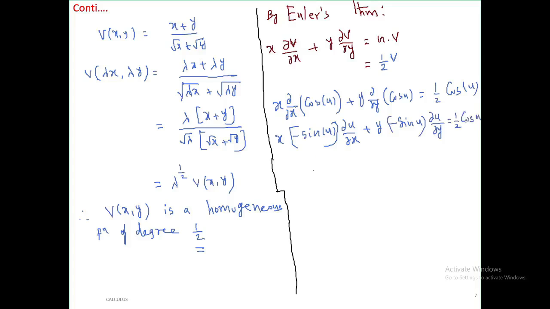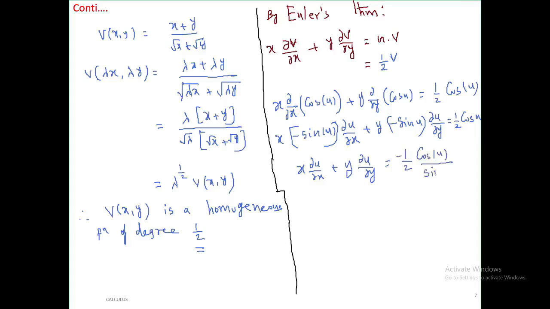Now let us take minus sin u common. Then what will we get? X into dou u by dou x plus y into dou u by dou y. After taking minus sin u common, send minus sin u to the right hand side. Already half cos u is there, so cos u divided by minus sin u.